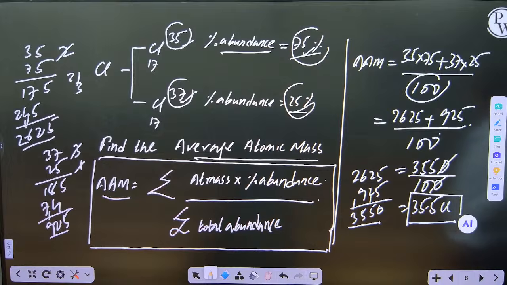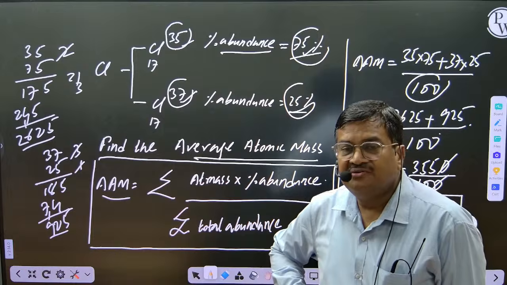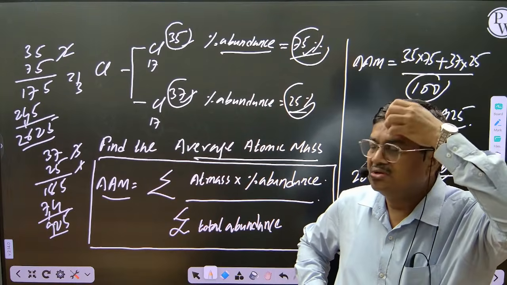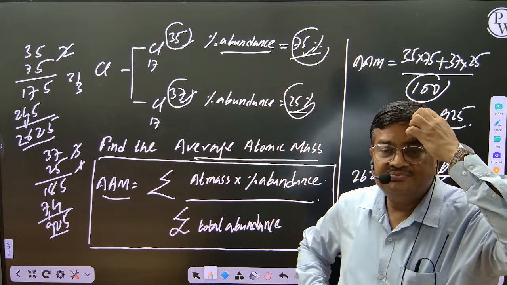Clear? Followed? Are you following everyone? So this is how we find the average. Average atomic mass is due to the presence of what, student? Isotopes.